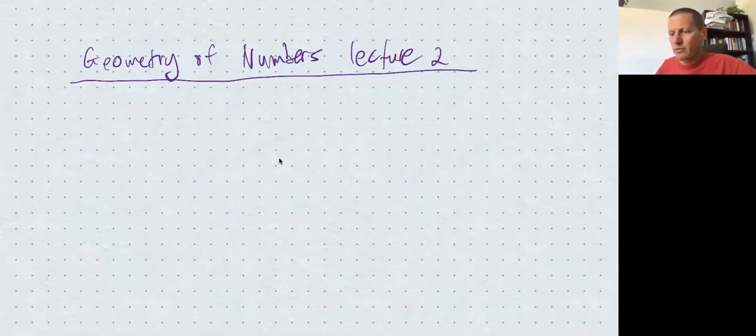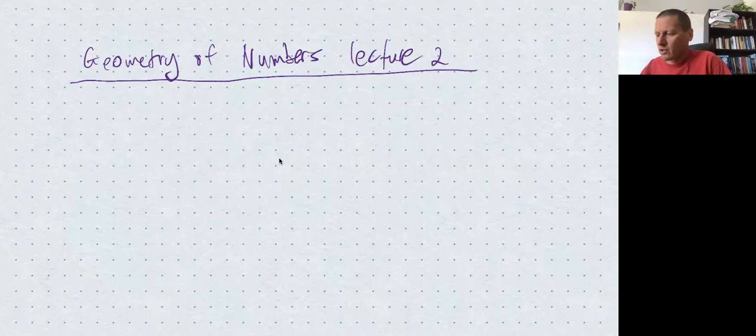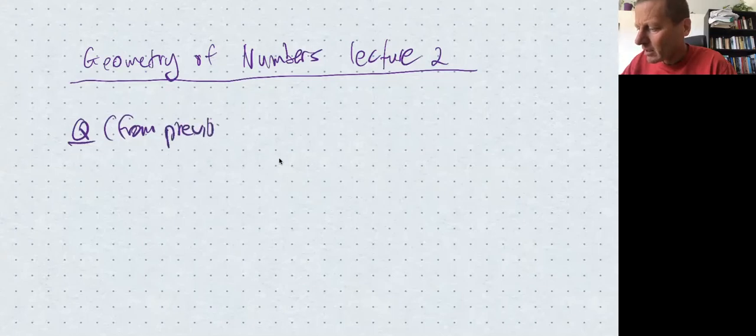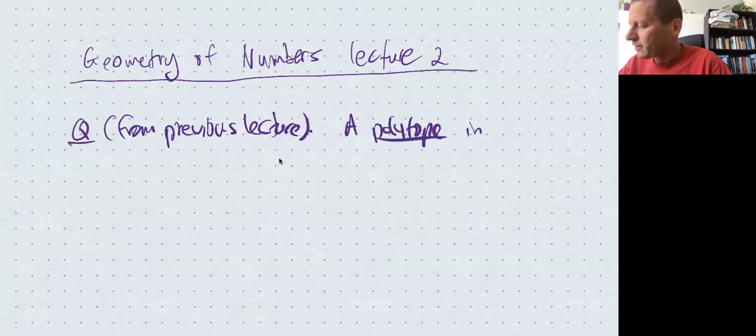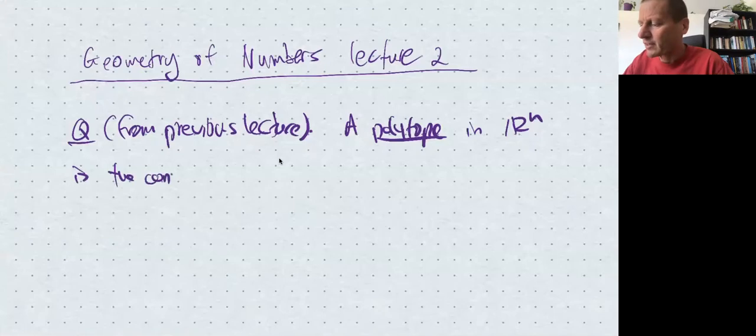So I want to start with a question that you asked last time. It was a very interesting question. I don't remember who asked it. So what was the question? So here's a polytope in Rn. It is the convex hull of a finite set.